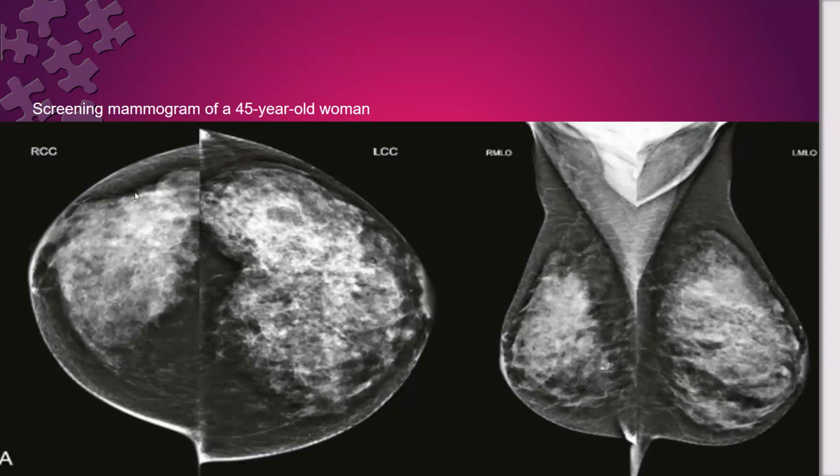Excellent. Look at the anterior contour of the fat glandular interface. This is the contour. Look for the contour here. It is disrupted. There is disruption. There is retraction. And where there is retraction, look, it is more dense compared to the remaining.